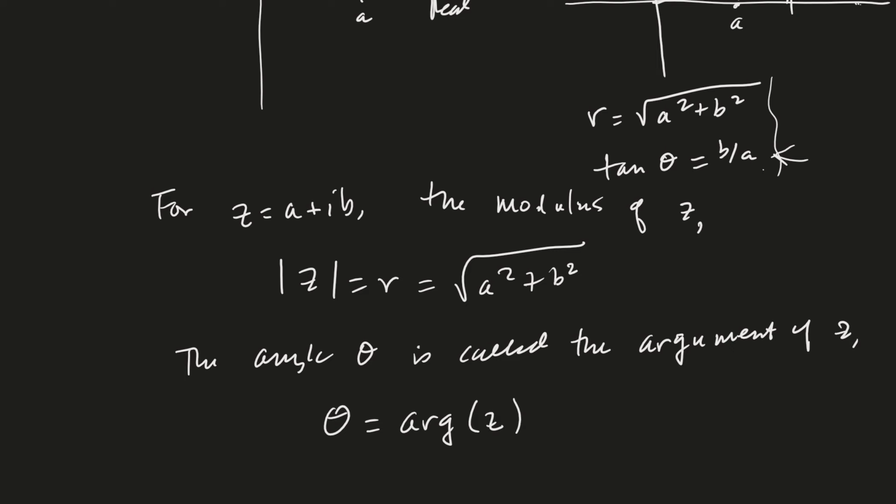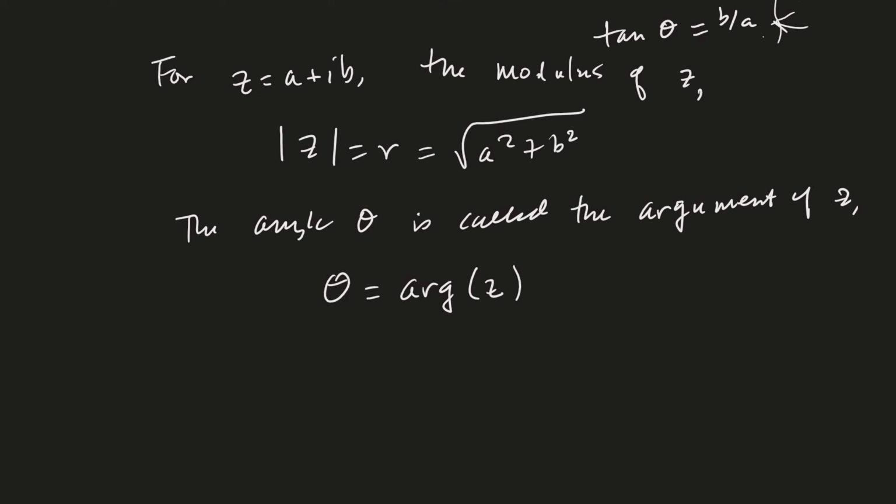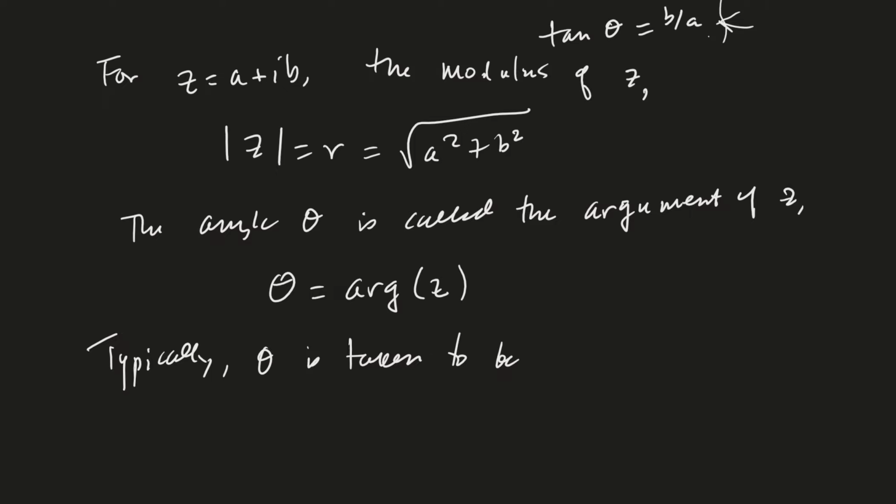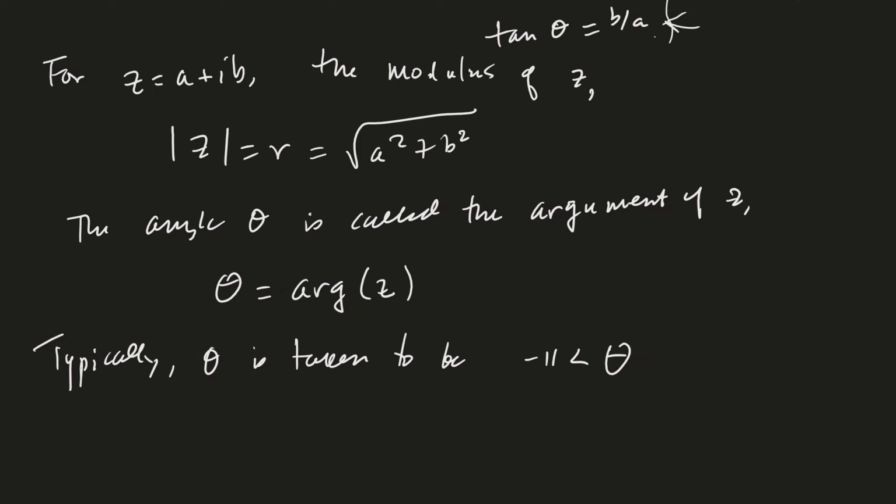Okay, and now we do have to be careful defining theta. So typically theta is taken to be in the interval from minus pi to pi. I guess we include the point pi, right? But you have to figure out which interval you want your theta to be in, right?